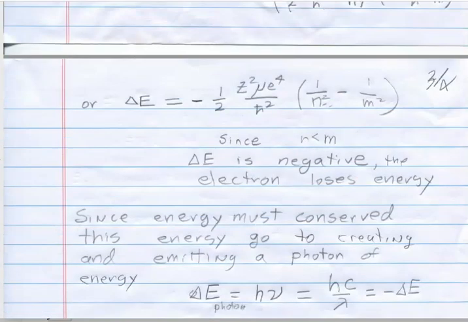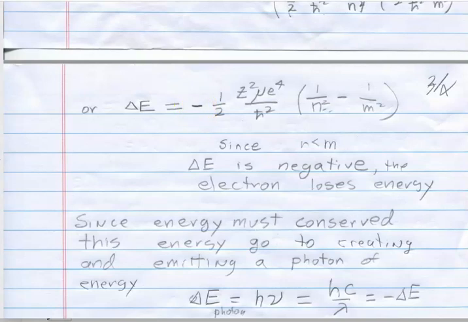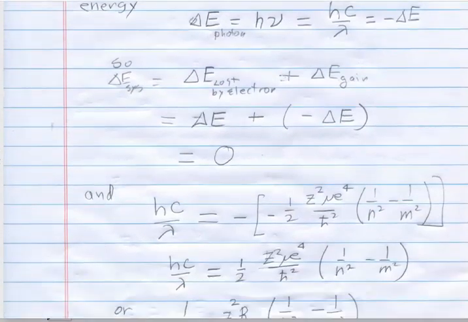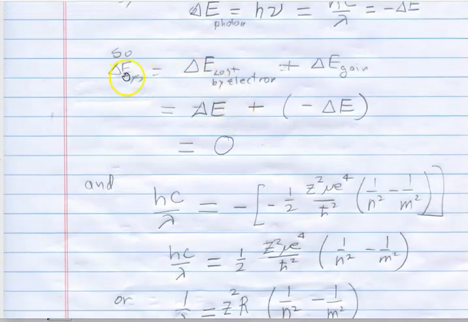A minus up here just removes this minus sign, and I get a positive quantity. So in effect, for the whole system, the electron plus the photon, the energy lost by the electron is delta E, and that's a negative number, and the energy gained by the photon is the exact opposite of that. That's a positive number, so negative plus positive of equal quantities, and the total energy doesn't change, so energy is conserved in this process.